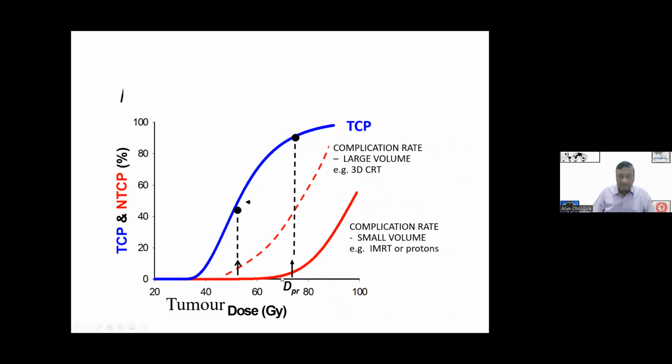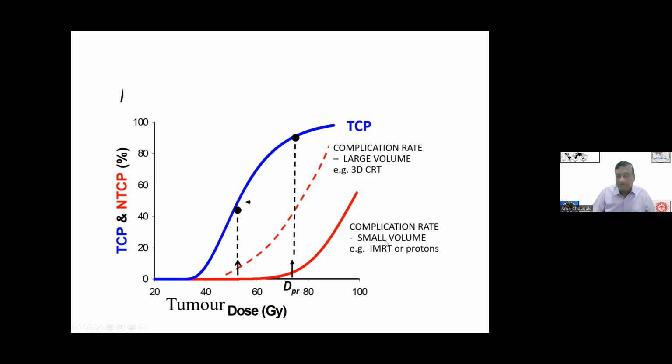Here you can see that with this dose, just 5% normal tissue complication, but almost 90% tumor control probability is achieved. So it depends upon the volume. If it's a large tumor volume, a T4 lesion or T3 lesion, then the normal tissue complications will also be much more.